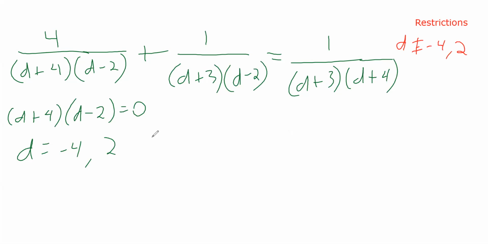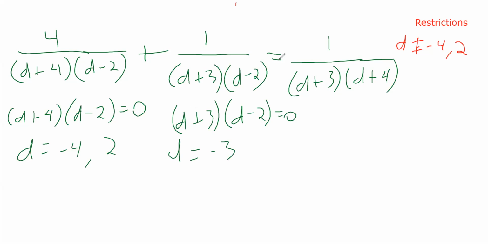But notice this cute little pattern that's going on here. Here, the d minus 2 factor is repeated. So normally I would have to set each of these factors equal to 0, and I have to say, okay, d plus 3 times d minus 2, that would mean that d equals -3 and d equals +2.